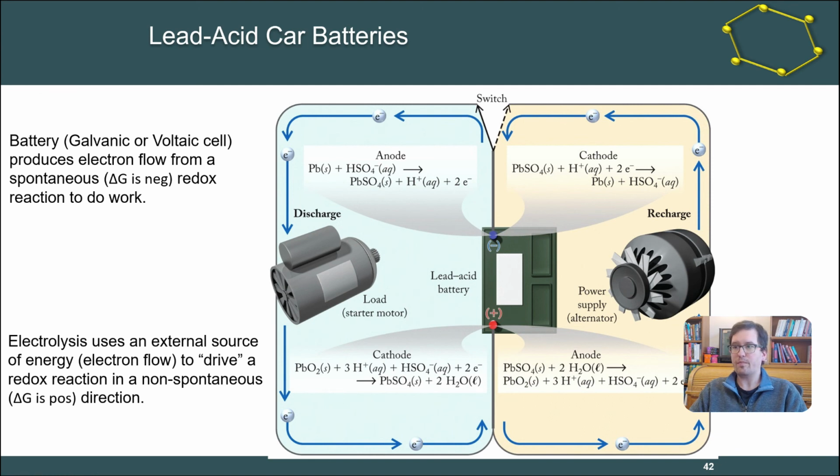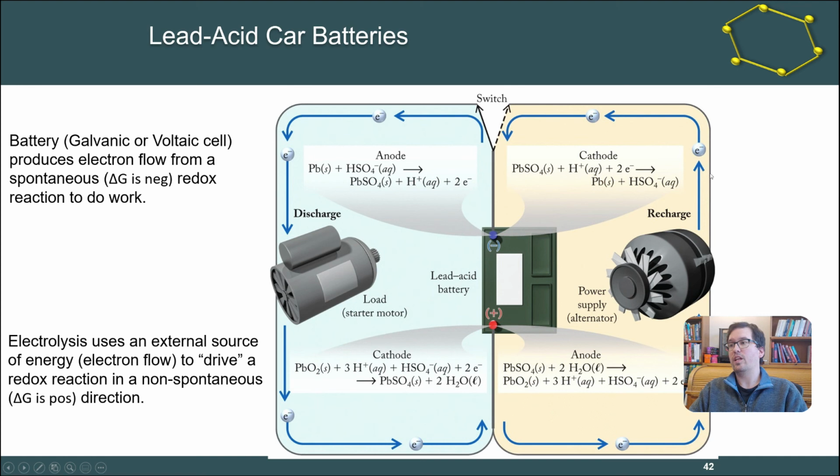When the car is running, we typically don't use the battery. The system is connected to the battery, but we're charging it with the alternator. So we have the situation now where the anode is lead sulfate becoming lead oxide.